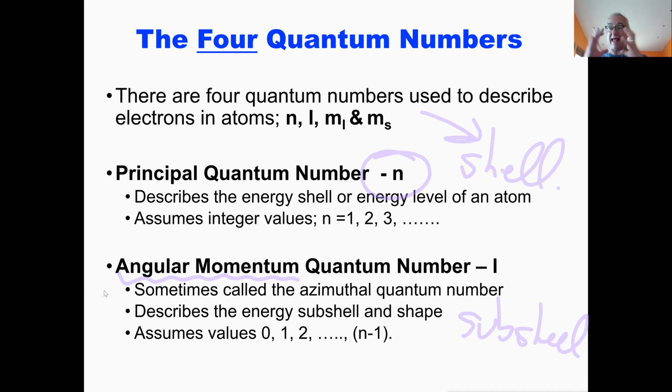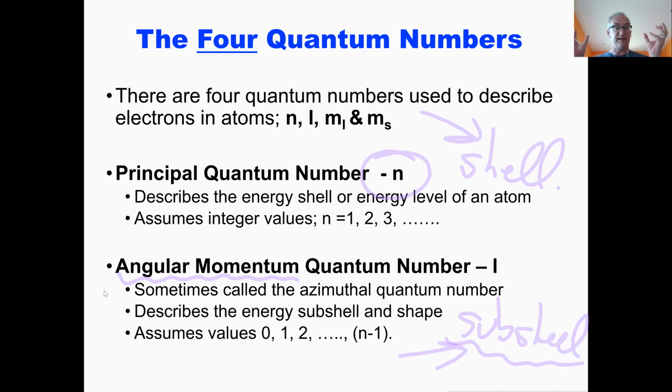We'll see as we add shells, we add more of these because there's more room for electrons. When we looked at the distances, as we got further and further, they got really far away. There was 50 picometers, then about 250, then like 700. So as we get further away, there's a lot more room to stuff electrons in because there's a lot more space. And these are what we're going to be putting those electrons in.